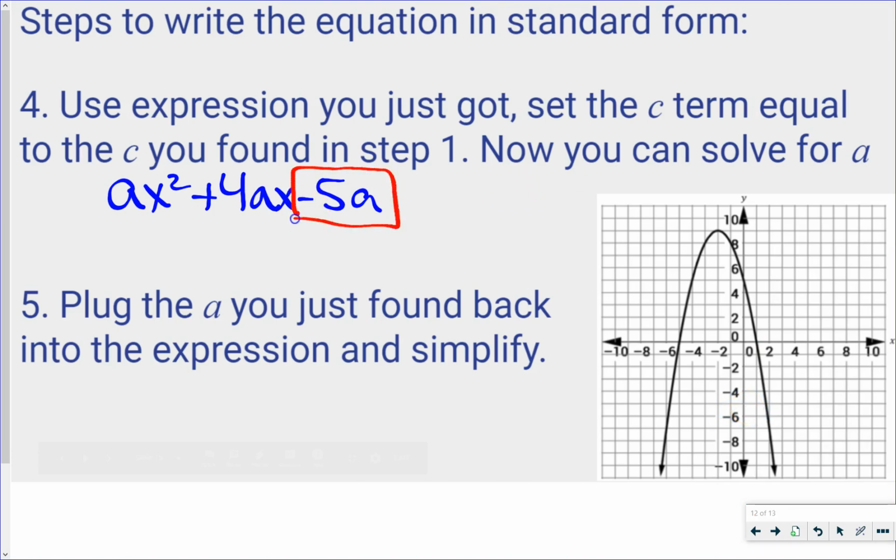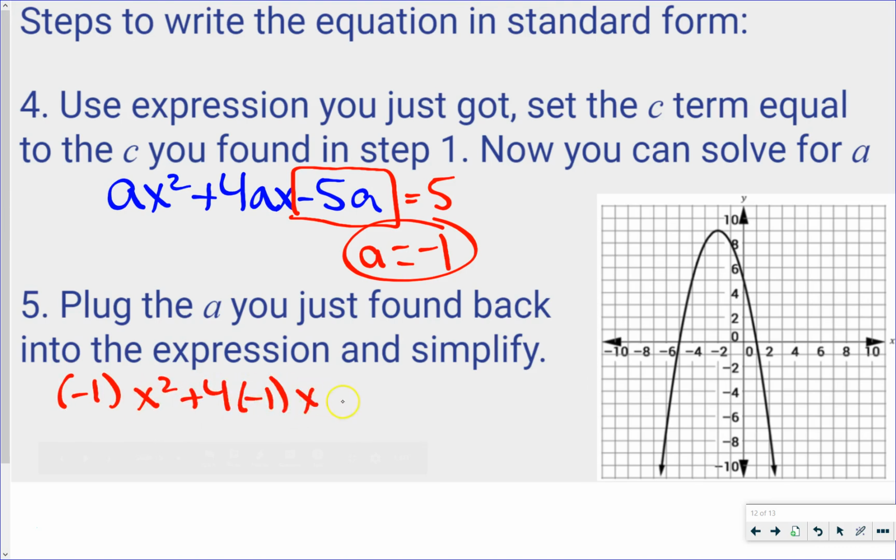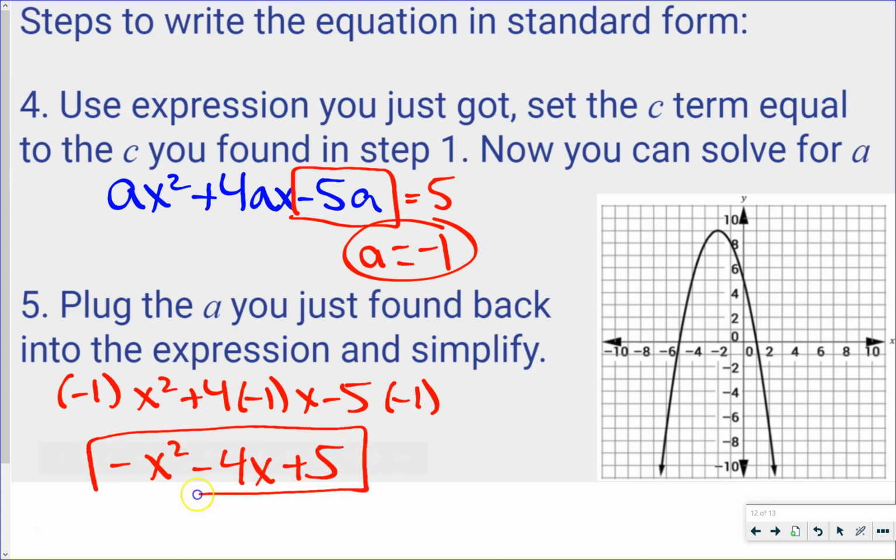So this piece right here has to equal 5, which means A has to be -1 again. Let's plug it back in here. -1 x squared plus 4 times -1 x minus 5 times -1 will give us -x squared minus 4x and plus 5. We have the negative like we knew we would, and we have plus 5 at the end.